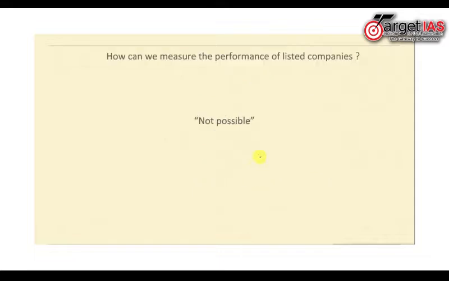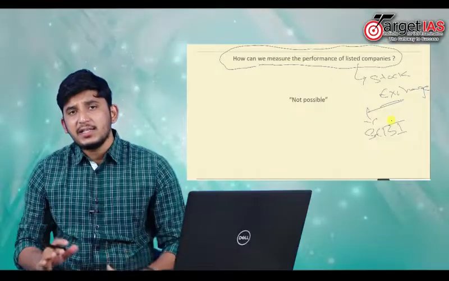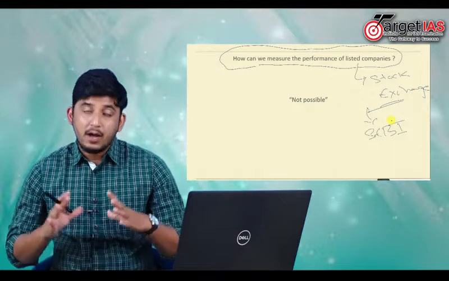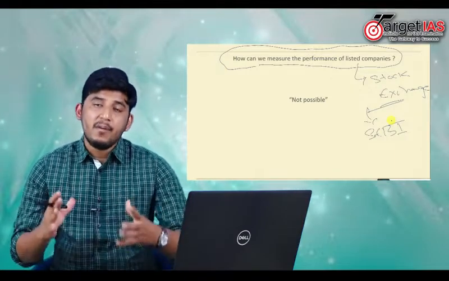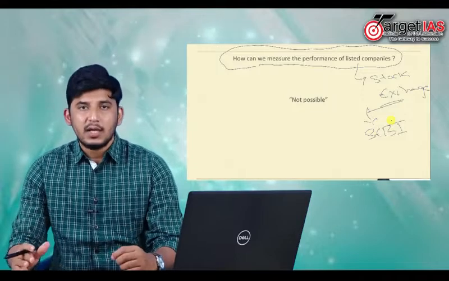Moving on to how we can measure the performance of listed companies. Listed companies are listed on the stock exchange, and there is a criteria to list on the stock exchange, which is regulated by SEBI. Don't you think evaluating the performance of all the listed companies is an impossible task?